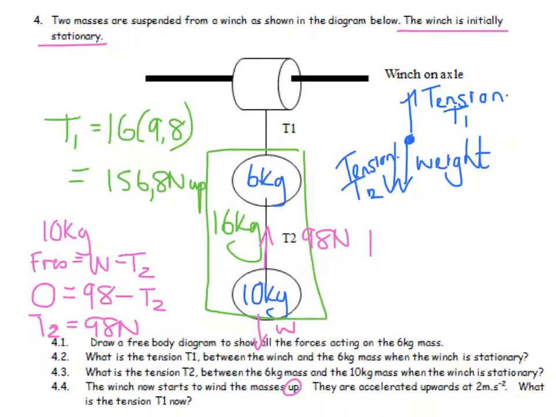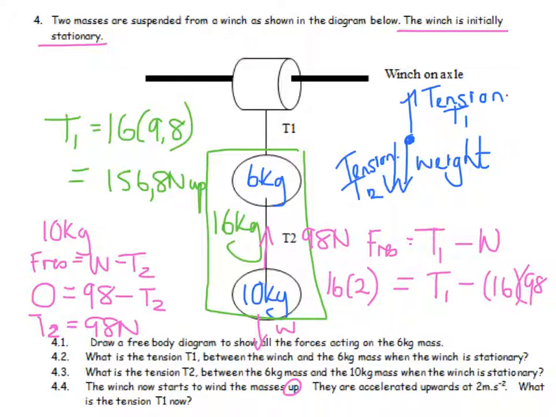Now I can say force resultant is equal to the tension, which it's going up is big, minus the weight going down, which is small, and I land up with 16 kilograms multiplied by 2 is the tension minus 16 times 9,8. And therefore my tension is going to be 188,8 newtons.